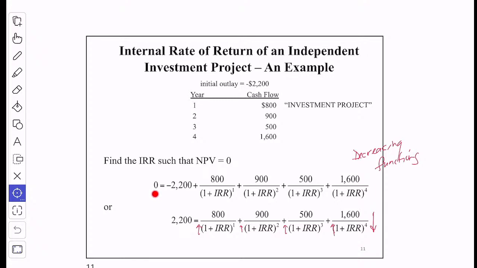I want to find the discount rate where NPV is 0, and that will mark the maximum discount rate that I can use. So what is it telling me? It's giving me a sense of the return on the investment, the percentage return of the investment. And as long as that meets the minimum required rate of return, I should accept the project.